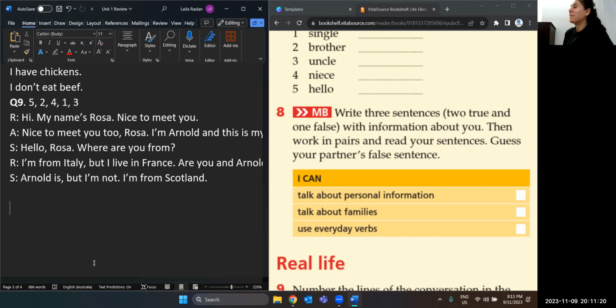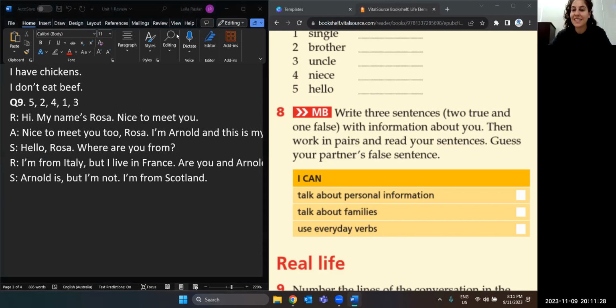Jimena, you can come up and write 3 sentences and we have to pick which one is false. I'll just do Jessica. Jessica says, I like fruits and vegetables. I don't like the cold weather.